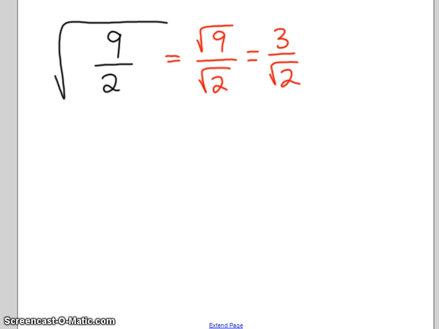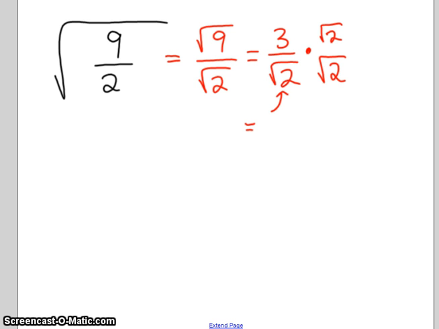So what we do to fix this is we multiply both the numerator and the denominator by the square root that's in the denominator. In this case, the square root in the denominator is 2, so we are going to multiply by the square root of 2 in both the numerator and the denominator.